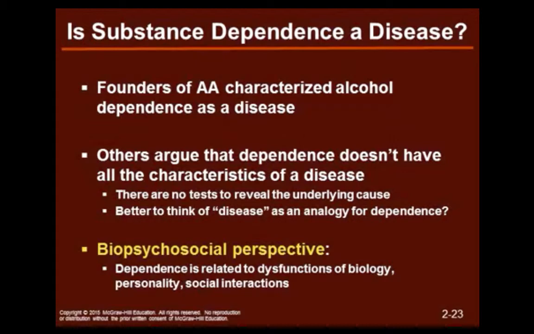One of the first groups to characterize dependence this way were the folks who founded AA, or Alcoholics Anonymous. But there are others who say that dependence isn't really a disease as we understand that in other contexts. There are no tests that a person can be given to see what the underlying cause would be. So there are folks who suggest that this might be better as an analogy than a specific category.